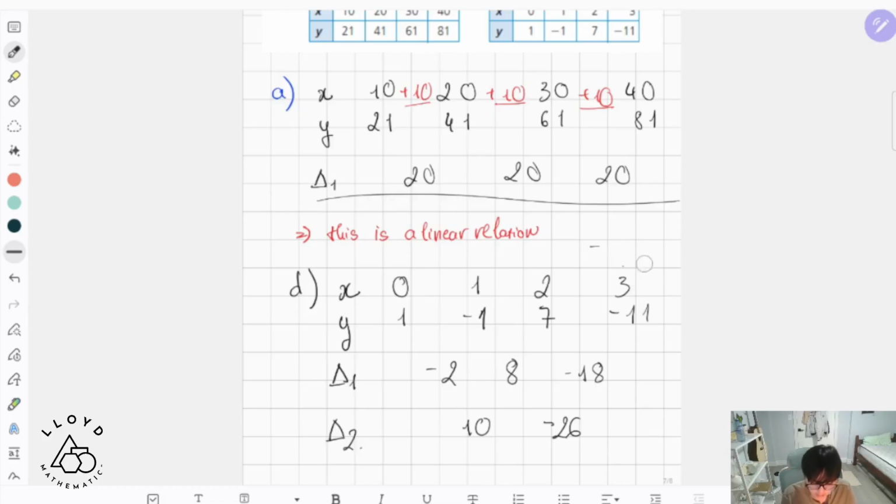Okay, yes. So in this, we already see these are not the same. We continue to calculate the second differences, and they are also not the same. So we can conclude that this is not linear, and also not quadratic.